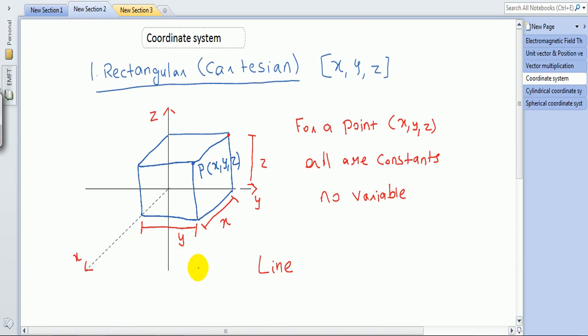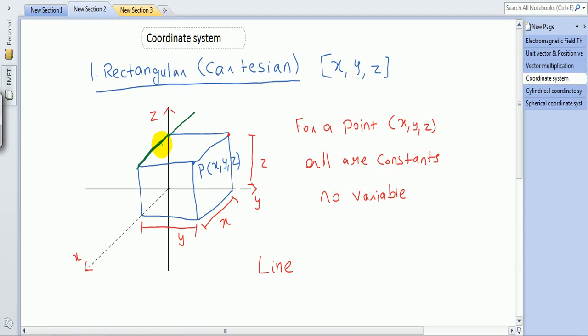Suppose from this cube I will locate a line, like this is my line. So for this line you can see there is specific value of z. If I extend this further, this is a line, there is specific value of z, and there is specific value of y also.